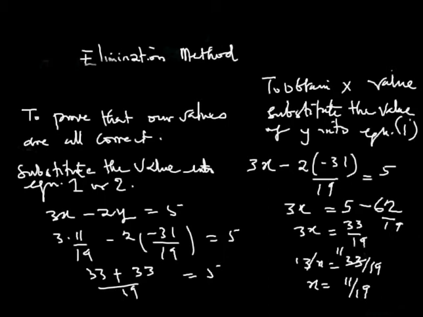I see, this is supposed to be 62. So we have 33 plus 62 divided by 19 gives 5.